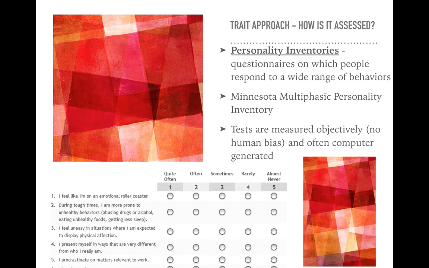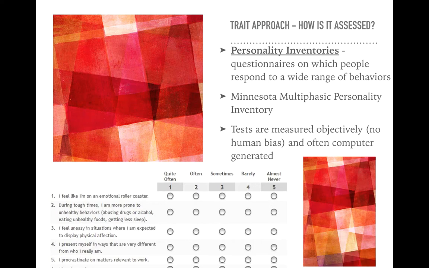A personality inventory is a questionnaire in which people respond to a wide range of behaviors. At the lower part of the screen are a couple of questions that you might see on a personality inventory, and you're asked to rate them on a scale of 1 to 5.